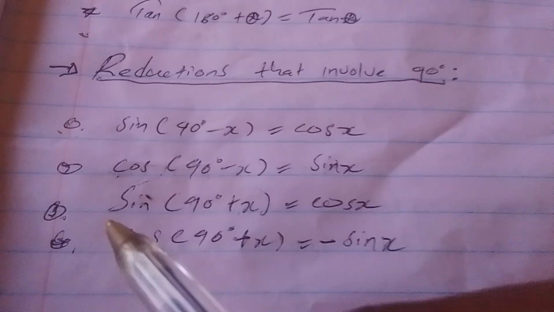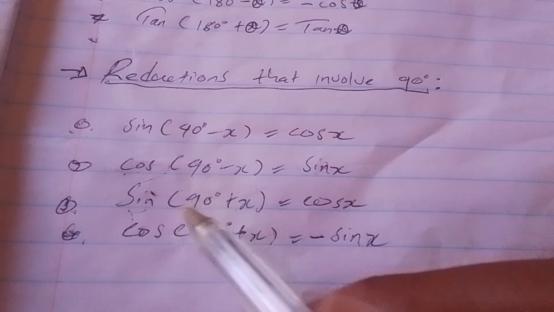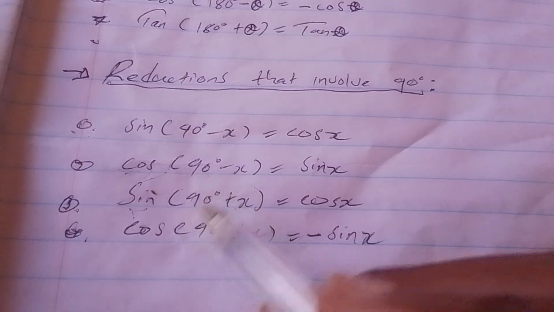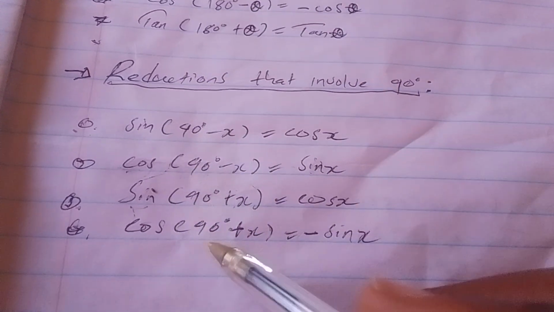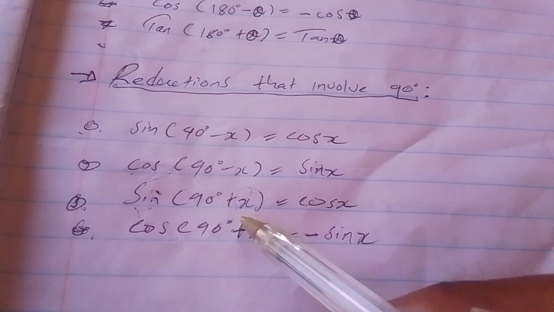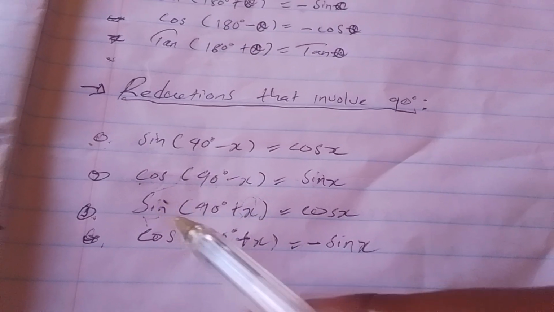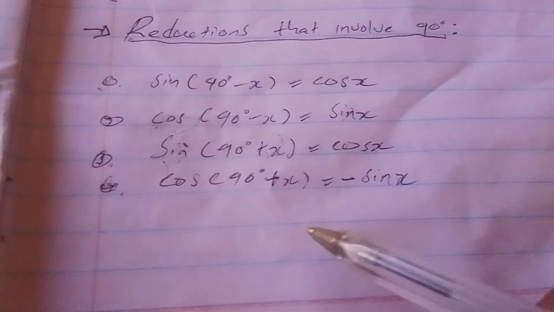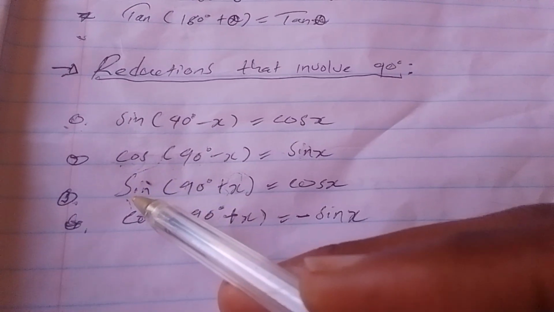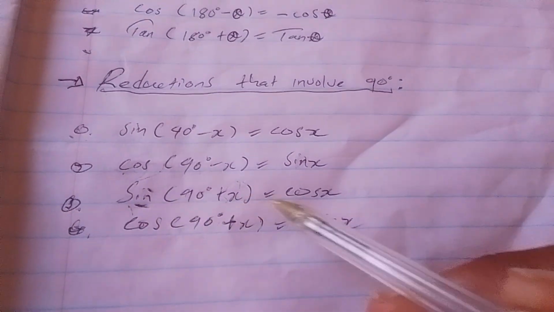So the identity is the only thing that changes, the rest doesn't change. We just take out the 90 degrees and the plus sign, and we are left with the positive variable. So sine of 90 plus x is on our second quadrant, and sine is positive on our second quadrant, which means the friend of sine will be positive and not negative, which is cos.